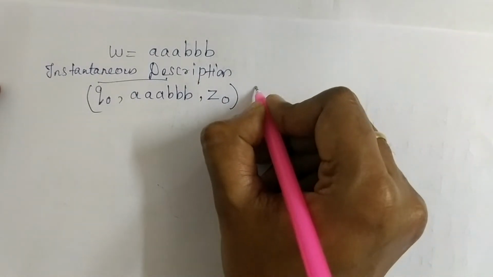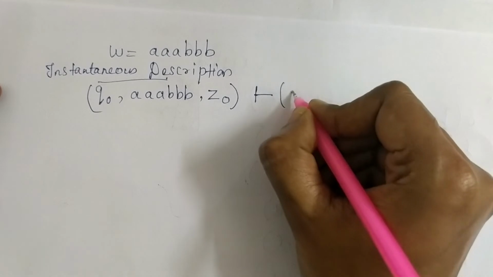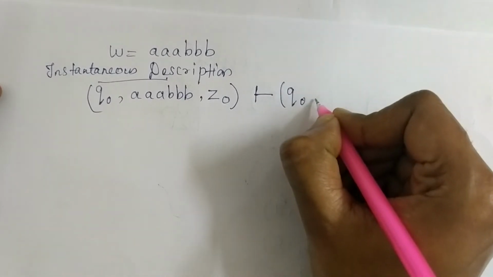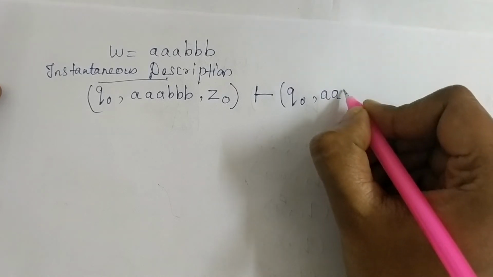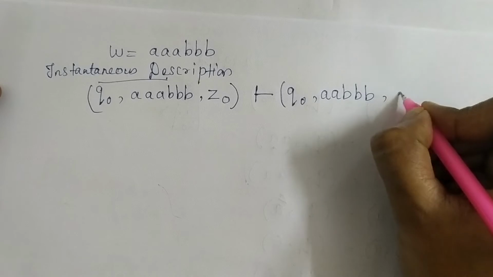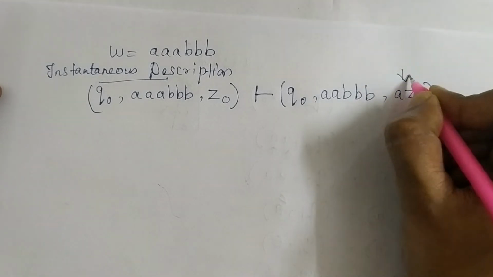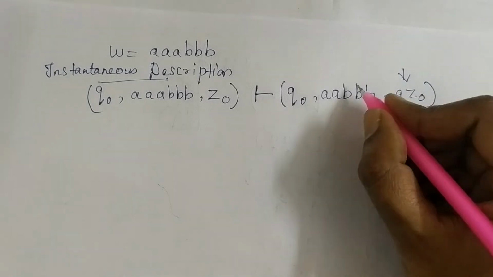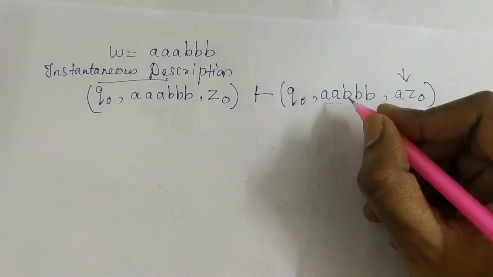Then we write the turnstile symbol, then q0, and we are pushing one symbol into the stack, that is a z0. So a z0 is in the stack. Now this is our string and this is the state.